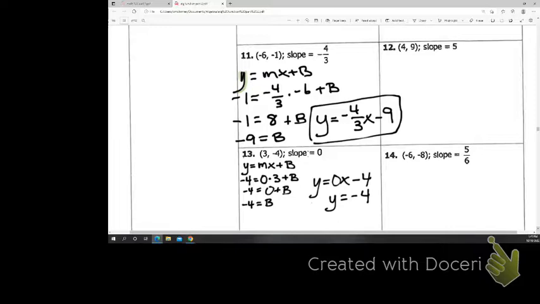So there's nothing wrong with going through the steps to get there. But sometimes if we recognize the slope is 0, that means it has to be just y equals some number, because of the 0 times x. And then whatever the y is in your point, then it's just y equals negative 4. See? You're a ninja.